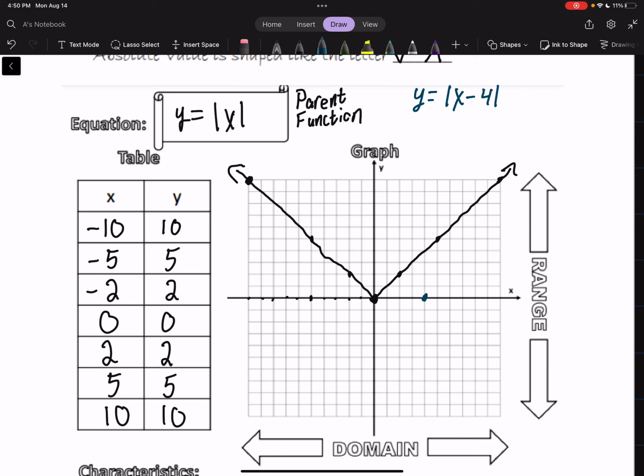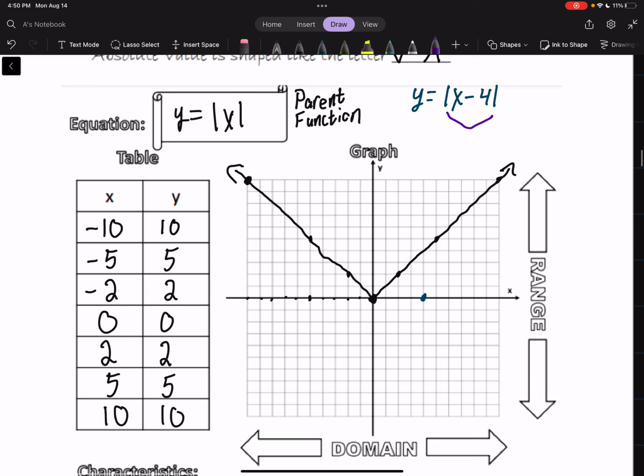If it's inside the absolute value markers here, it is moving it in the opposite direction than what the sign shows. So if it's negative, it moves right. Positive, you move it left. So it's going to make the same V shape, it's just moved over.